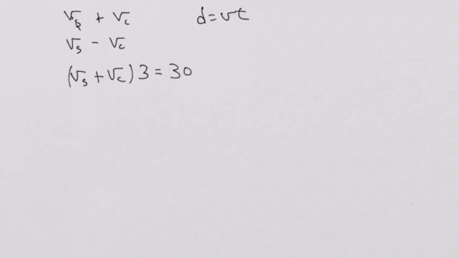In the case where we are going against the current, it's the velocity of the boat in still water minus the velocity of the current.